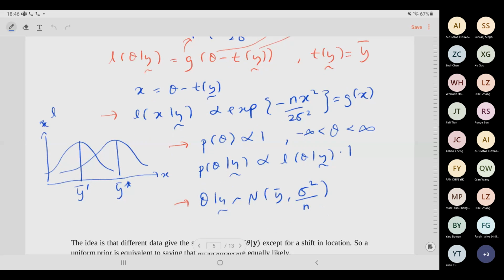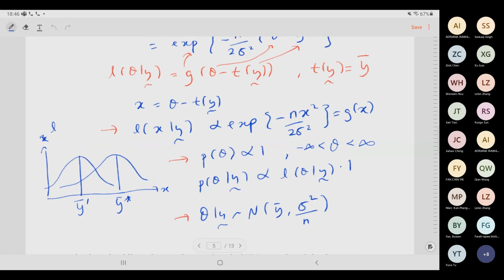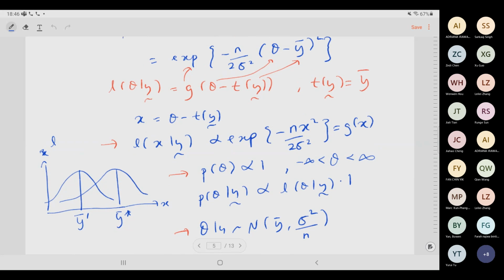Actually, what happens here is that it's not really compulsory. It's more like a suggestion. It says that if you have this certain behavior, then they suggest you use this sort of prior, such that you get a nice posterior. For example, if you have a conjugate prior, then you have a conjugate posterior.